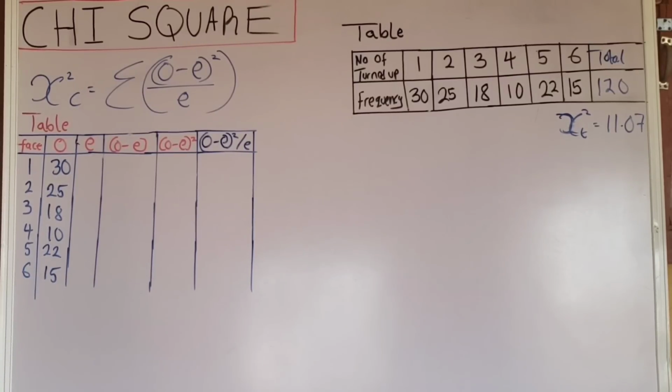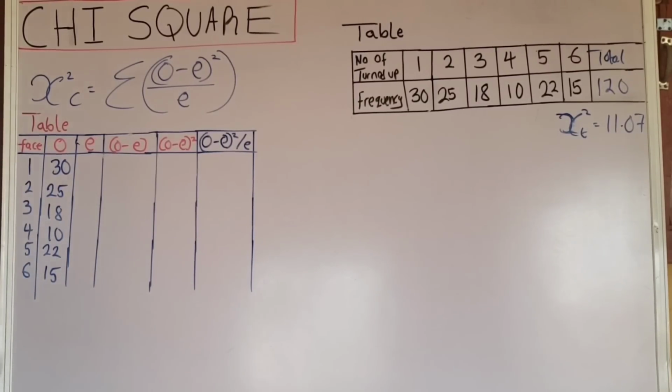Okay? Now, what of the expected? How do we determine the expected? Now, please pay attention. Don't forget that the test we are dealing with is what? Goodness of fit test. We are asked to test if the die is unbiased.